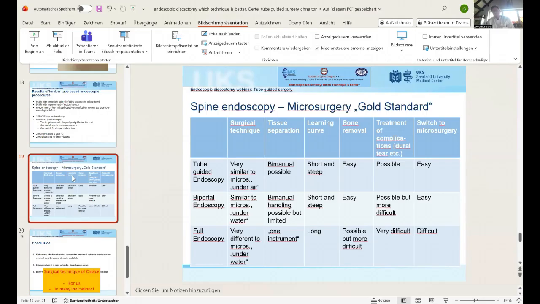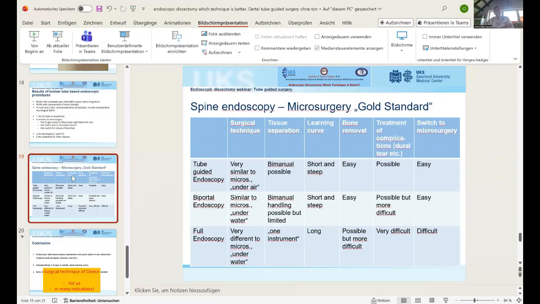With every new technique you have a learning curve, but the advantage is that the learning curve is short and steep, and you can taper your learning curve. You can start with a large tube, start with microscopic surgery, and then go smaller and smaller the more experienced you become. So you don't have to abandon the technique that frequently as you might have to do in other techniques.